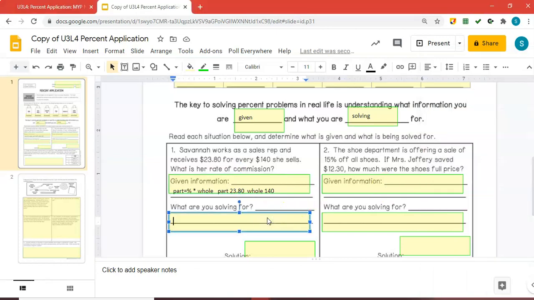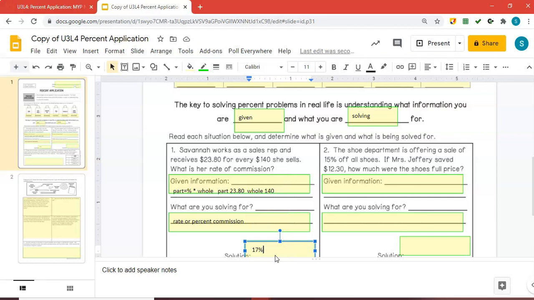So we are solving for the rate, or percent, commission. So when we say a rate, that's really a percent in this case, and that is 17%. All right, let's go ahead and read number 2.